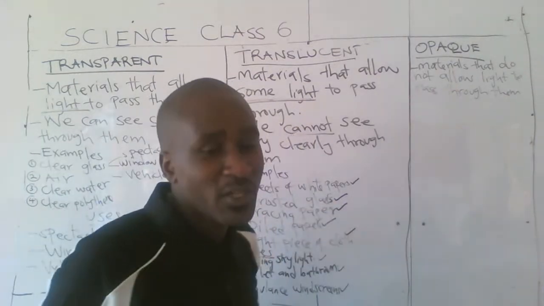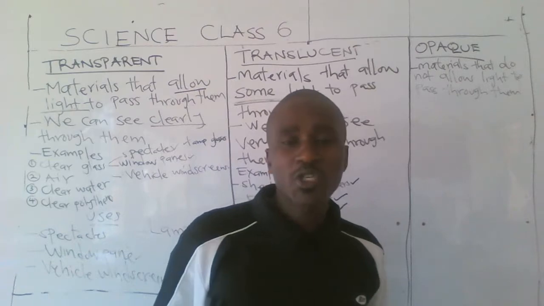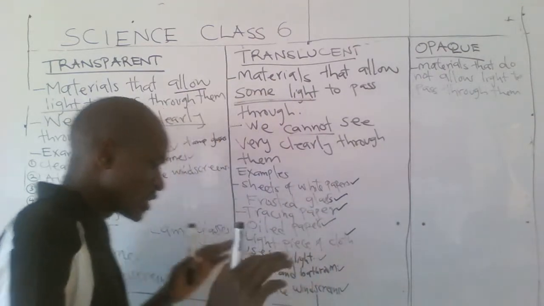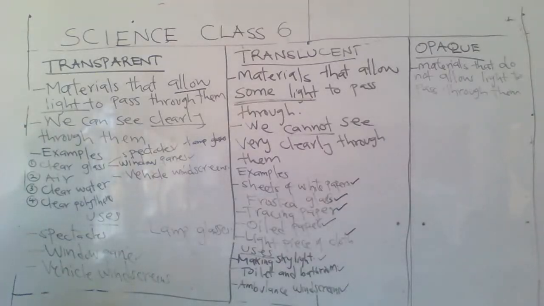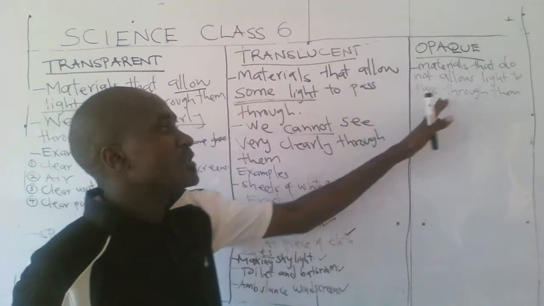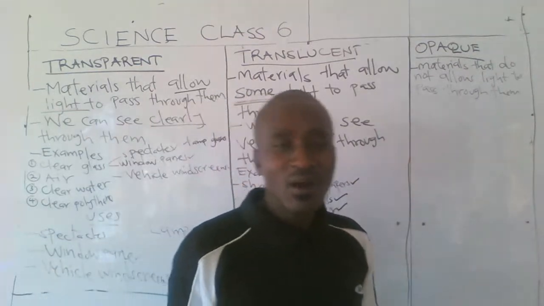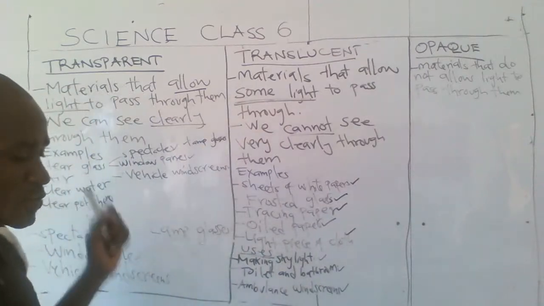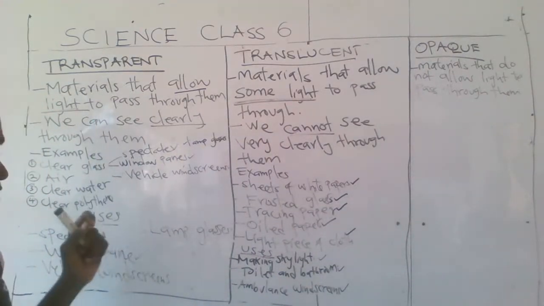For opaque materials, they totally do not allow light to pass through them. And it is difficult to see anything through them, which means because they don't allow light to pass through them, it is also difficult to see something through them.